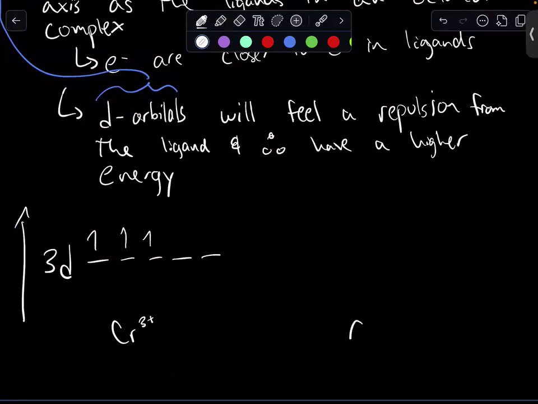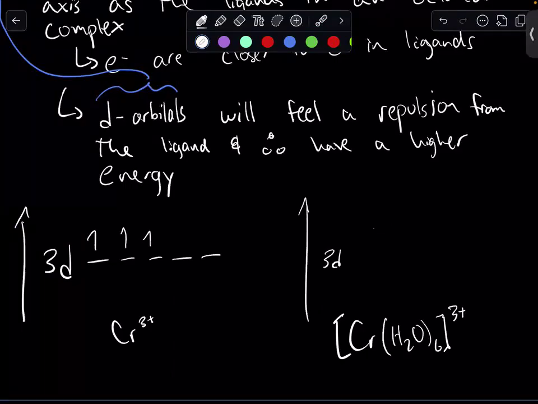However, in the complex Cr(H2O)6 3+, where we have 6 ligands creating the octahedral complex, we will instead have our 3d orbitals oriented like this. The d orbital splits. Here's our dx squared minus y squared and dz squared, and these orbitals will have higher energy.